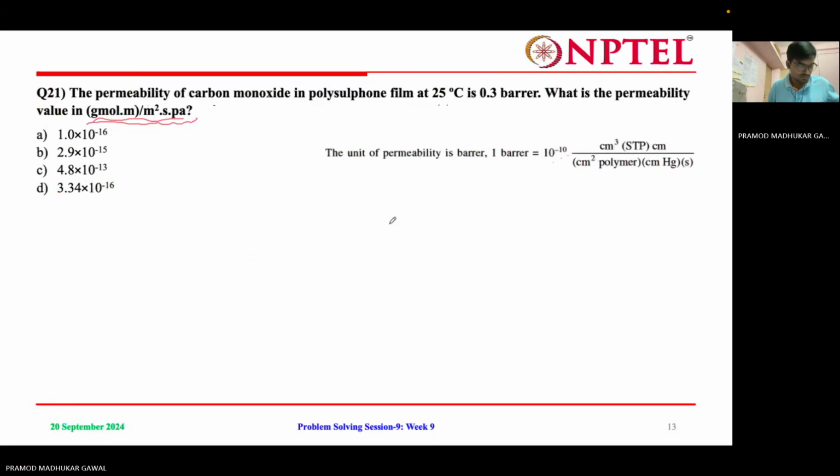So 1 centimeter cube of gas at STP is 4.46 times 10 raised to the power minus 5 mole.